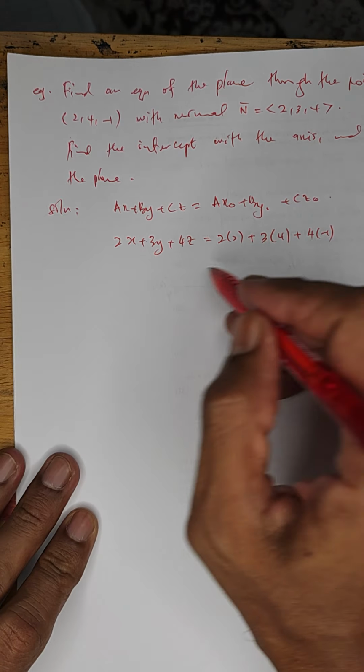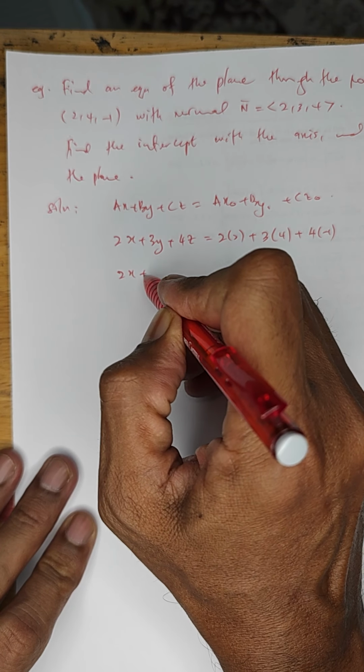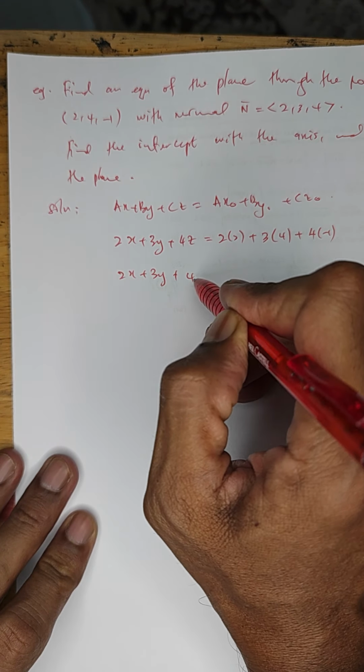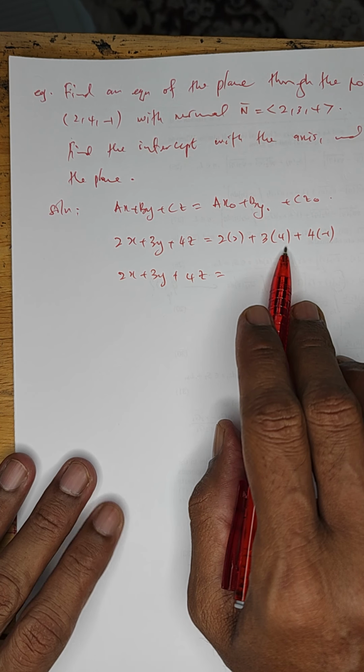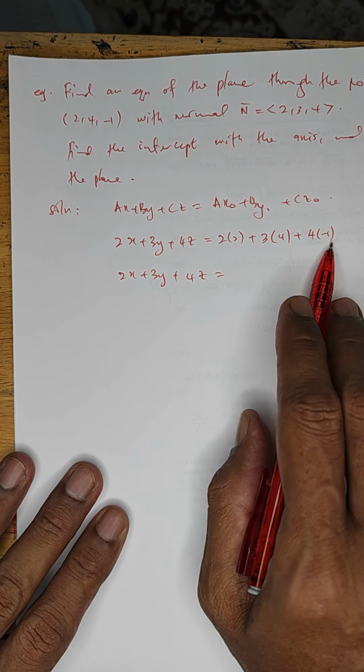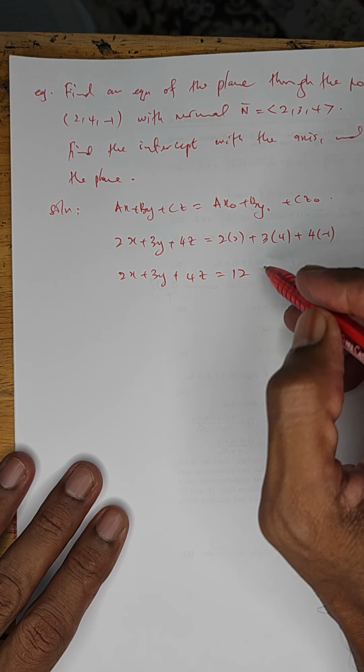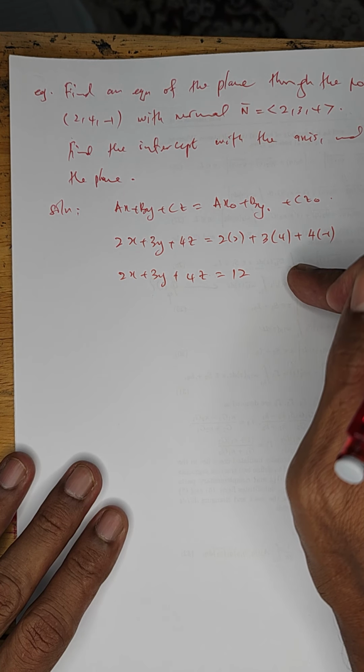Then we have 2x plus 3y plus 4z equal to 4 plus 12 minus 4, so we get 12. So this is the equation of the plane.